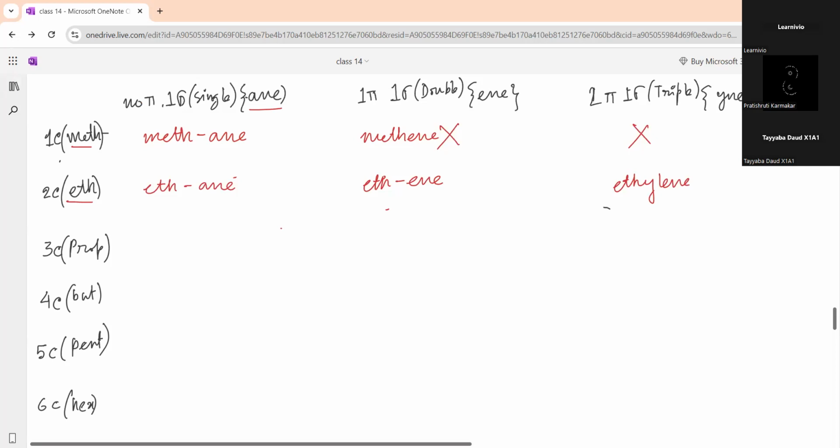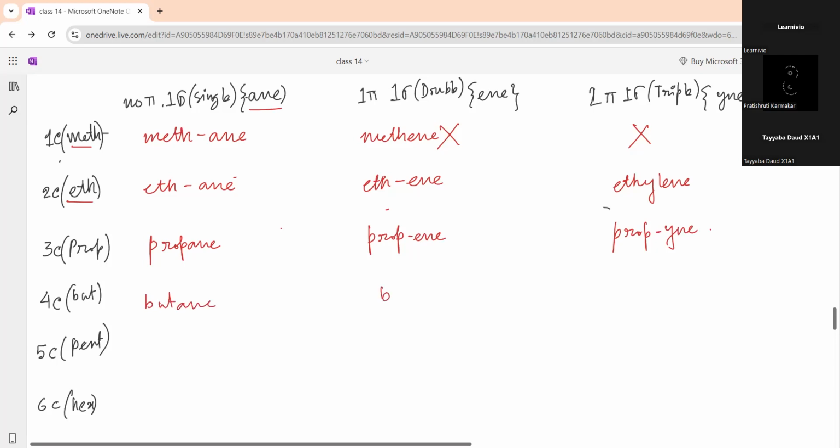Then three carbons and single bond, it would be called propane. Three carbons and one double bond, propene. Three carbons and one triple bond, propyne.